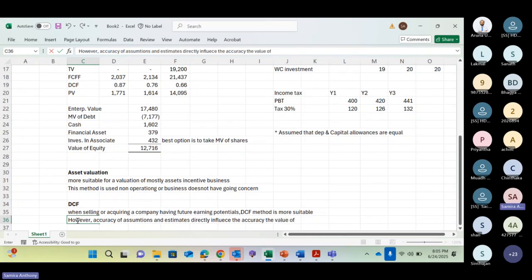The accuracy of the assumptions directly influence the business value.